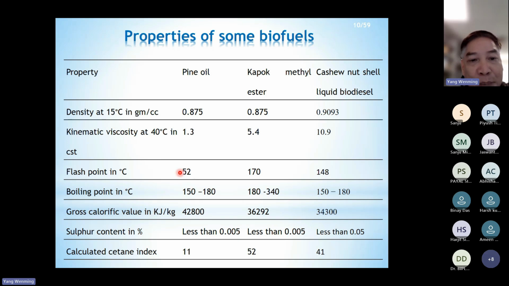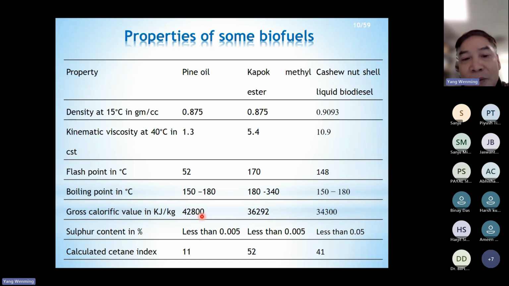Here we show you the flash point: palm oil is 52 degrees C, copper oil is 170 degrees, and the cashew nut shell is 148. So the boiling temperature is also different for the different biodiesels. And the heating value is also quite different. Palm oil has the highest heating value, actually very close to the diesel fuel.